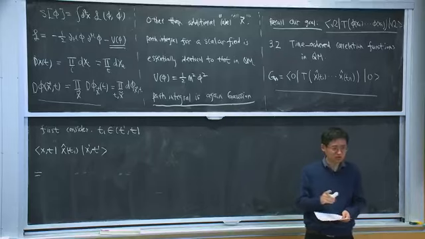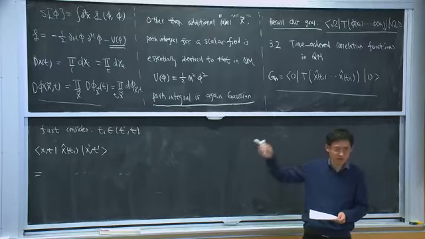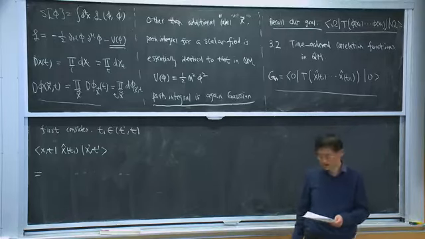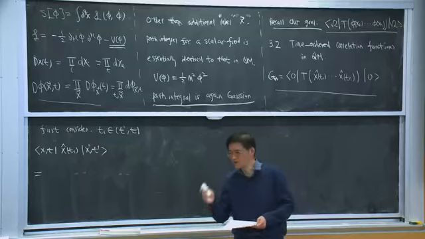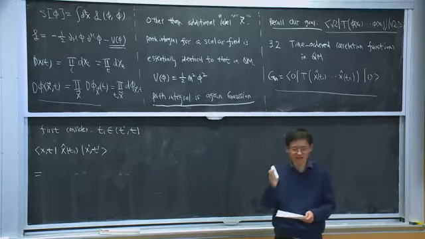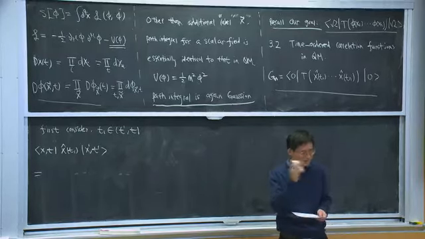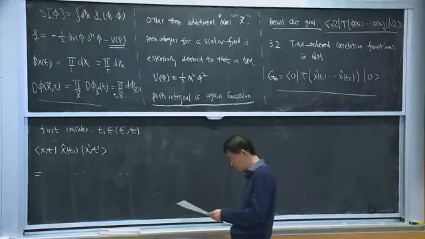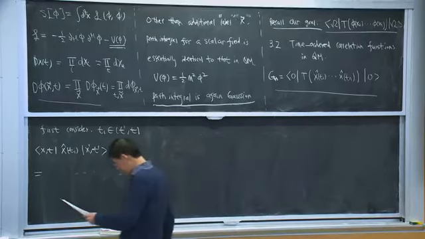What is that trick? One we already used over and over, say in deriving the path integral: insert identities. If you know how to insert identities at the right location at the right time, then essentially you know all the tricks in quantum mechanics.